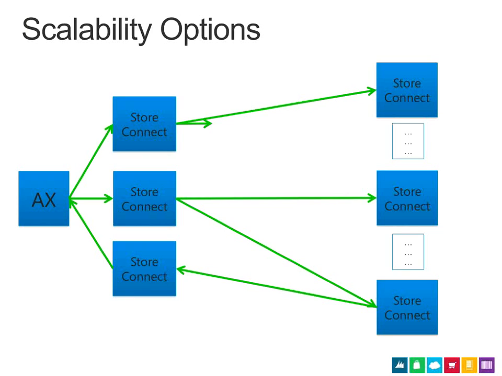This instance will receive the request from AX, extract the data package, and then stop. And then this forwarder instance will pick up and send out the data to the actual stores.